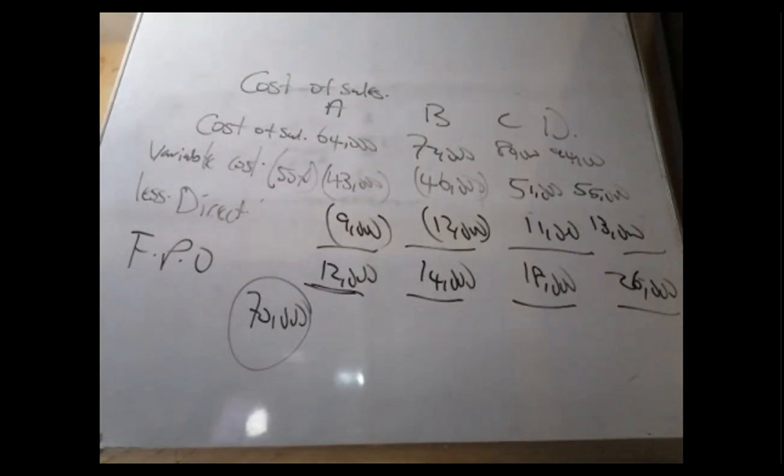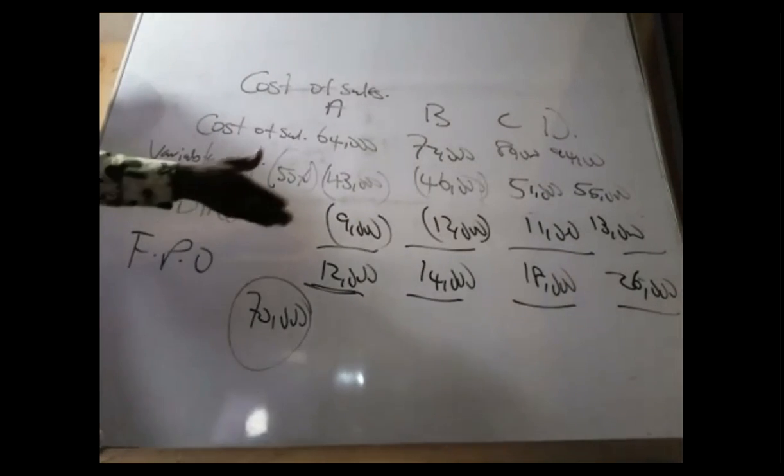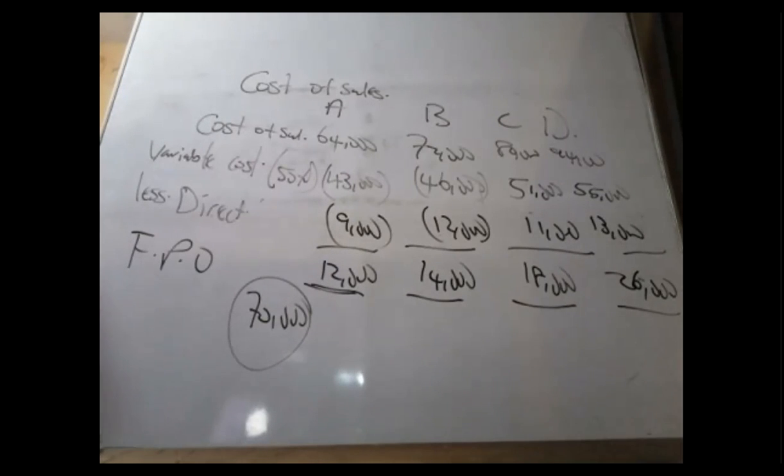The fixed cost is what? 70,000. So in the first question I solved, the fixed cost was given to us for free. Yes, look at how we found it.